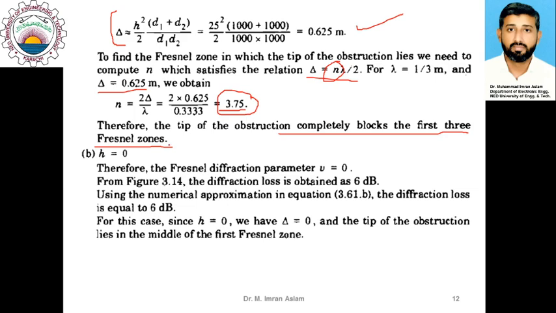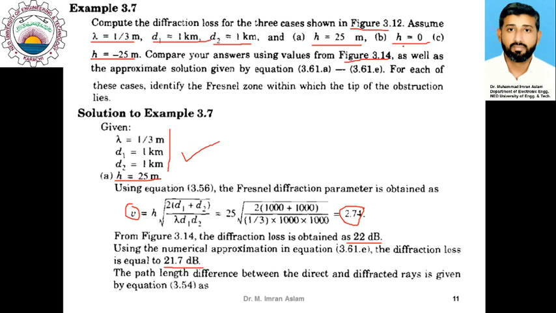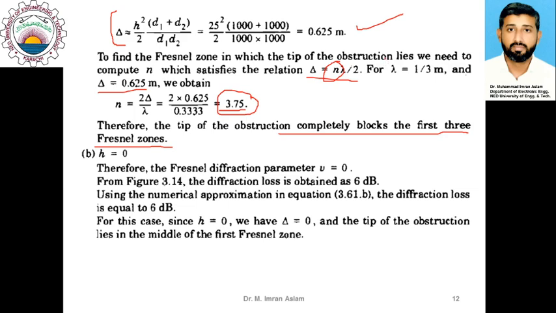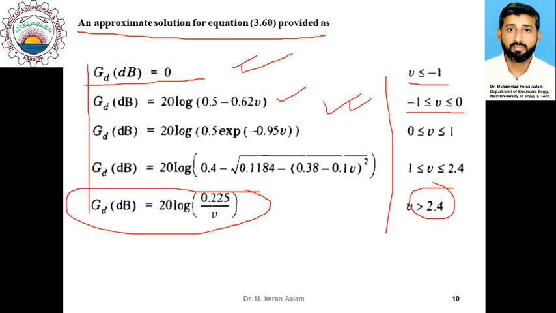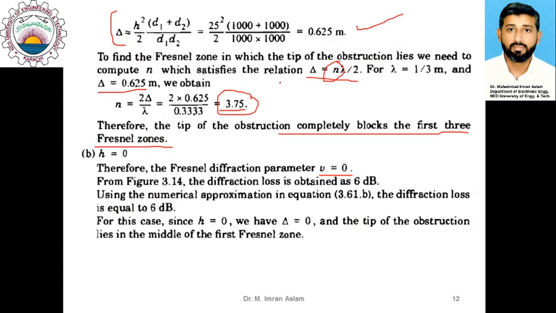Okay, now we move on to the second part, where we have the height equal to 0. If we have height equal to 0, in that case the diffraction parameter nu would be equal to 0, and from this relationship, you can see that if you have nu equal to 0, you can substitute in this expression to calculate the gain, and you would see that this diffraction loss comes out to be 6 dB, and the same comes from the graph as well.